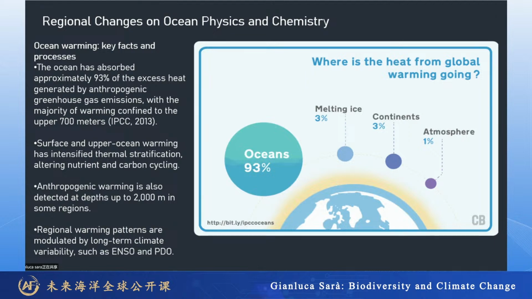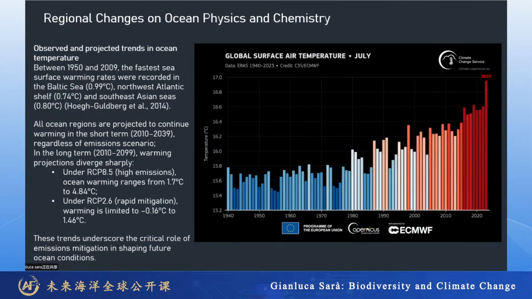We have different effects of increasing temperature. Melting ice, for example, is just one effect. This is able to increase sea level rise.